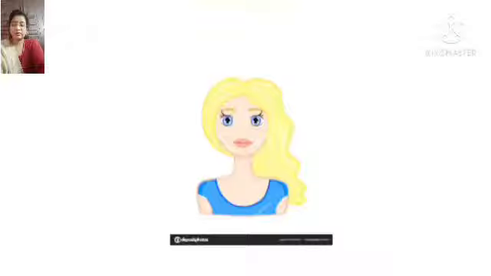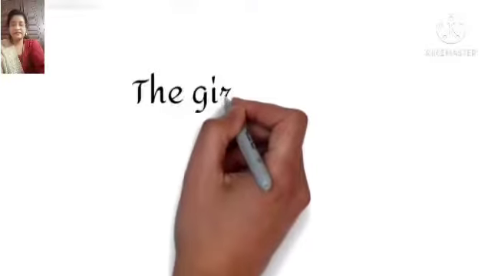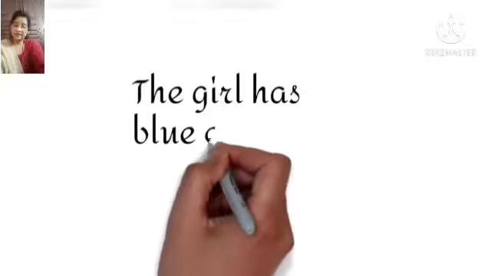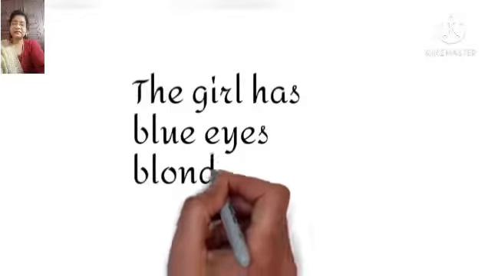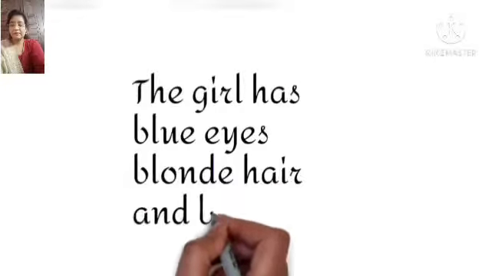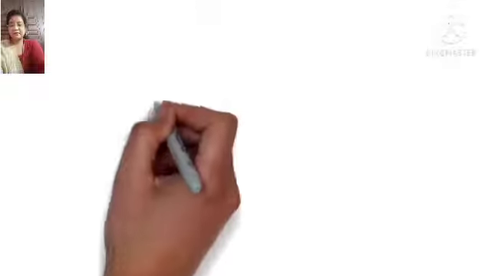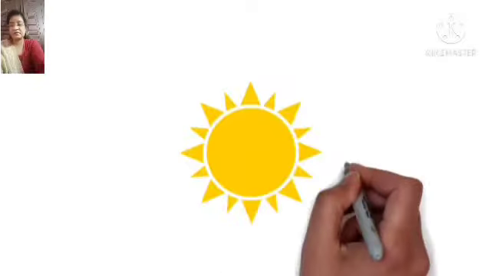Look at this picture. Observe the girl here and notice her features. So we observe that the girl has blue eyes, blonde hair, and has a bright smile. Look at this picture too. We see the sun here.